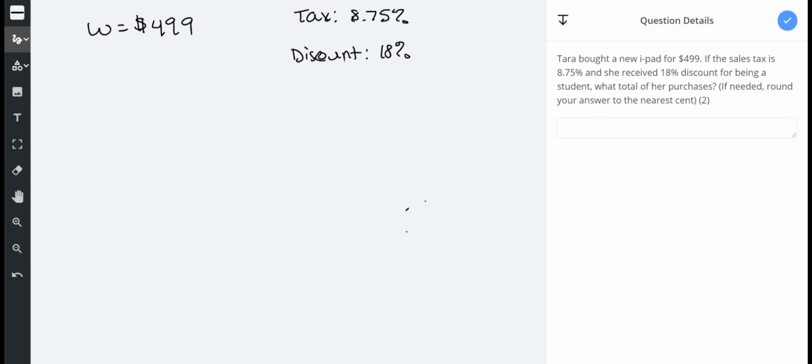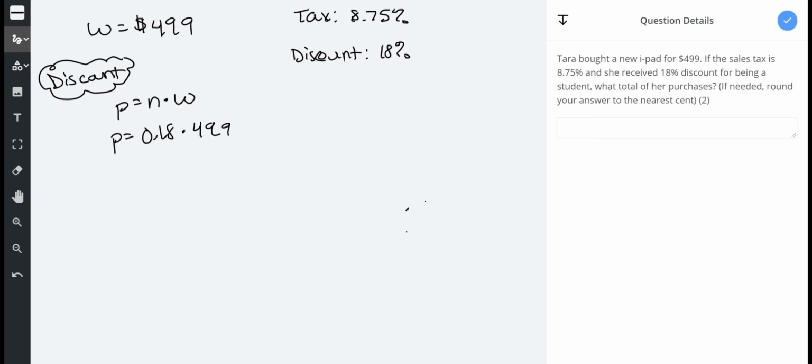So first we need to find the discount, because you don't want to get taxed on money that you aren't spending. All right, so part equals the percent times the whole. This one is going to be finding the discount. Okay, so part equals 18 hundredths times the whole of 499.